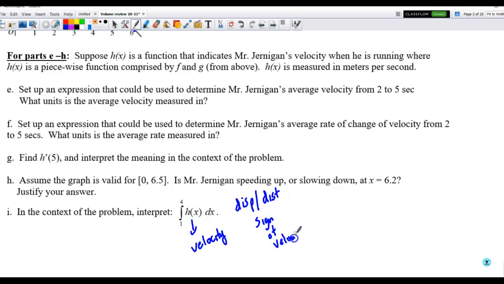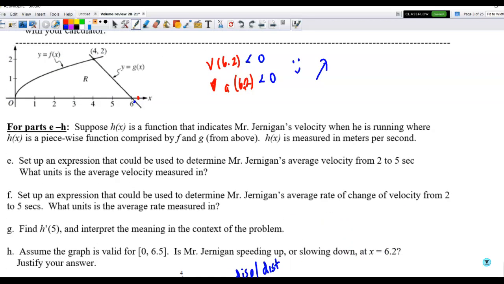So I'm going to come back up here and look at my graph from 1 to 4. I can see that all of the area is positive.